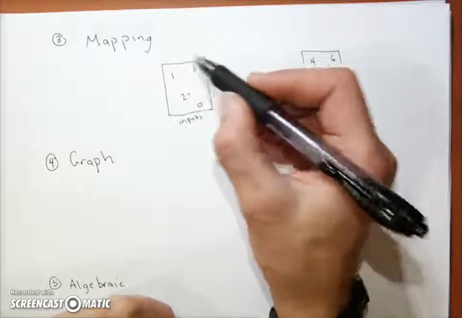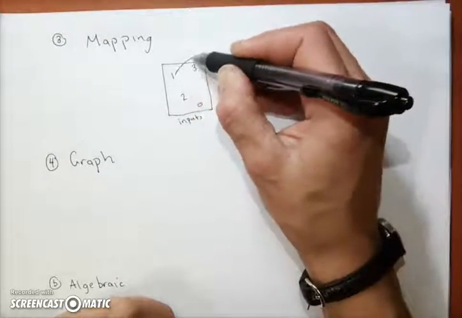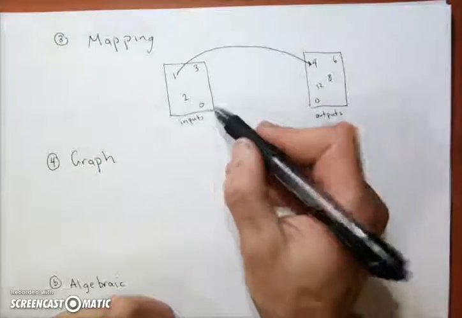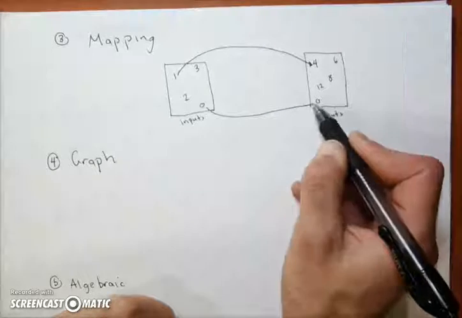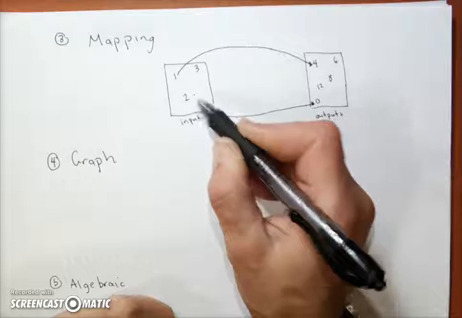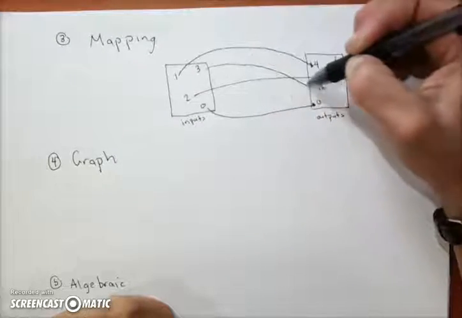And to visualize this as a mapping, you just draw an arrow from the input to its output. So when I plug in 1, I get out 4. When I plug in 0, I get out 0. When I plug in 2, I get out 8. When I plug in 3, I get out 12.